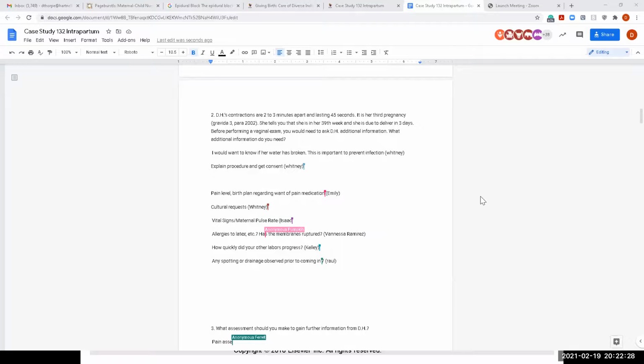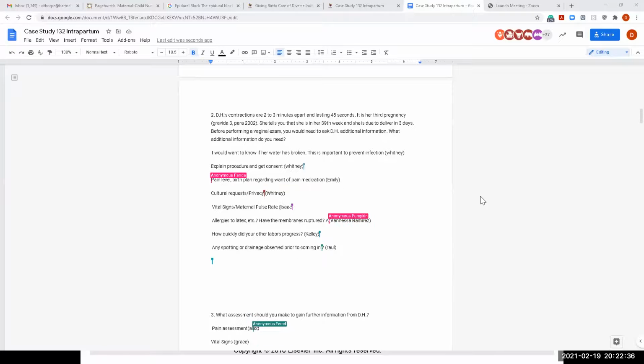So now DH's contractions are 2 to 3 minutes apart and are lasting 45 seconds. Pretty good. It is her 3rd pregnancy. So gravida 3, but what, para 2. So that para 2002, what is that telling us? Do you remember? So she's a gravida 3, meaning she's had two deliveries.